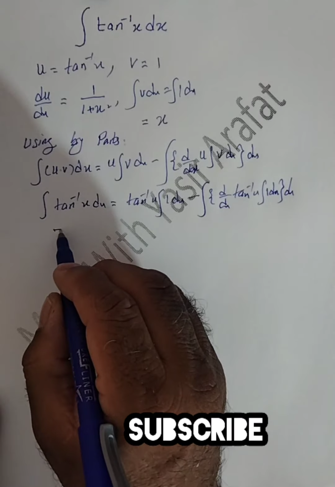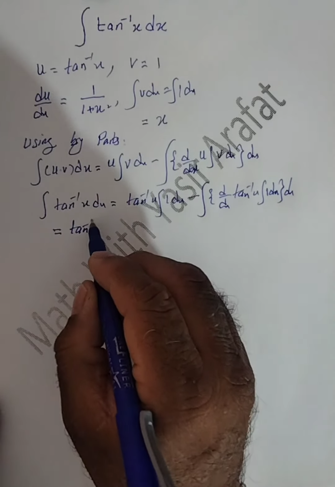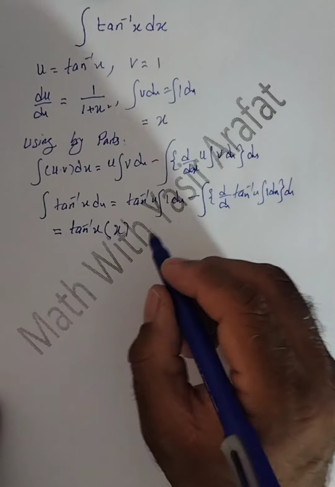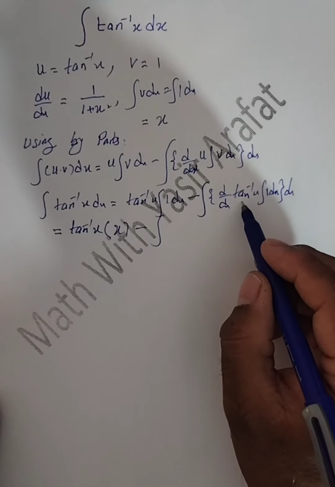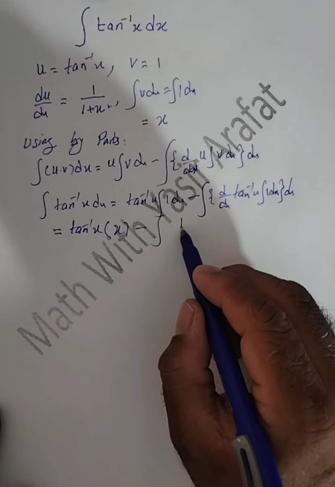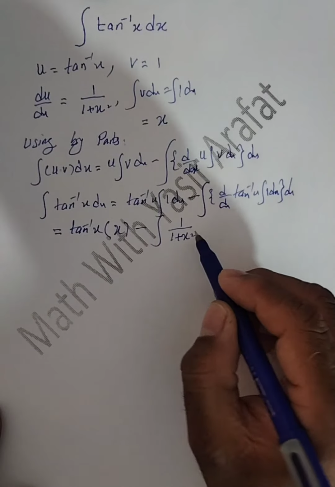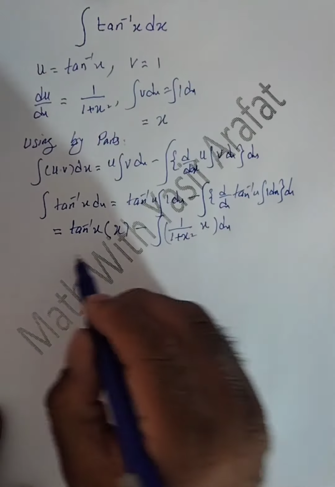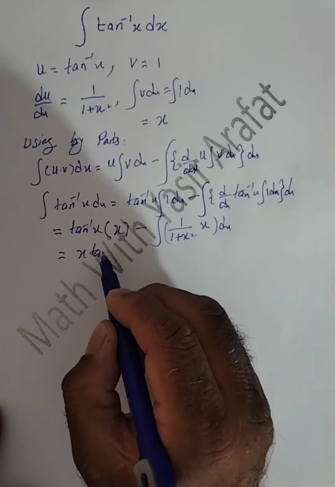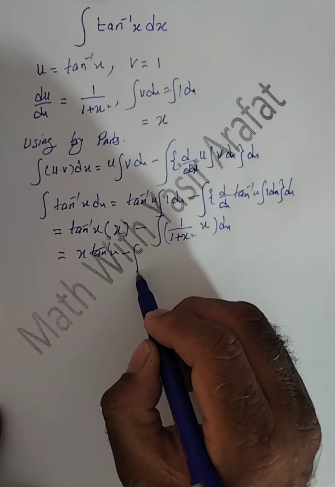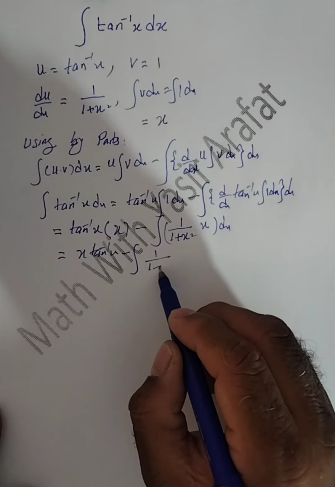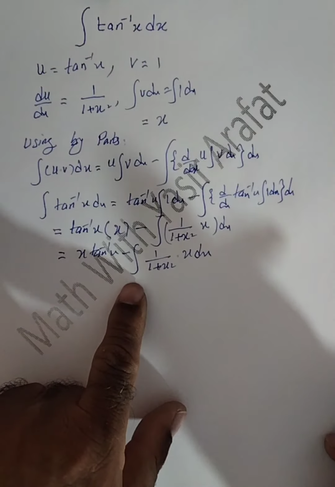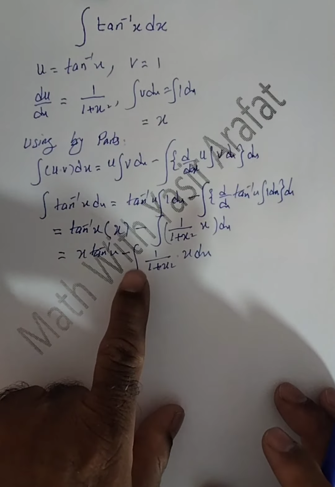So here tangent inverse x as it is, integration of 1 is x, minus the integral of the derivative of tangent inverse, which is 1 over 1 plus x square, and the integration of 1 is x. So this is x tangent inverse x minus the integral of x over 1 plus x square dx. Now it is the turn to find this integration.